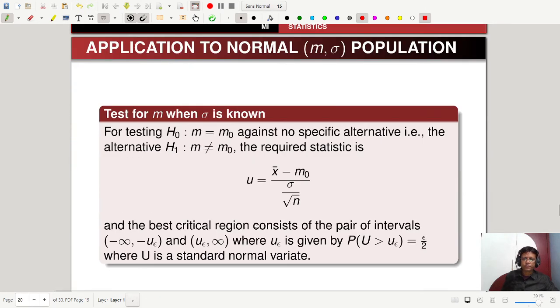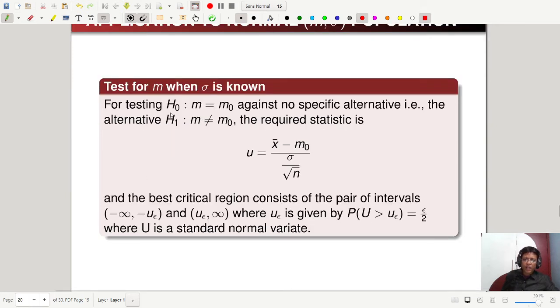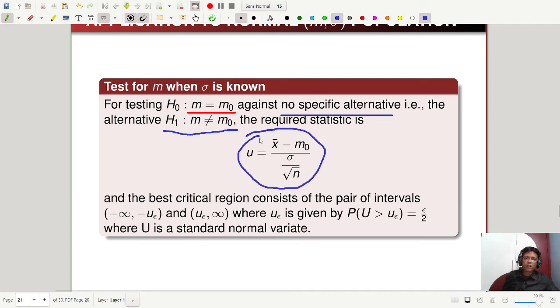Next, the null hypothesis m equal to m naught against no specific alternative, that is the alternative m not equal to m naught, the required statistic is the same statistics I am using if sigma is known.